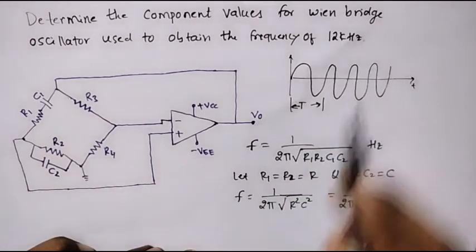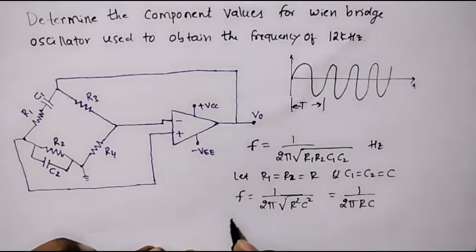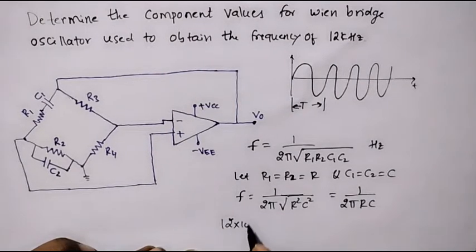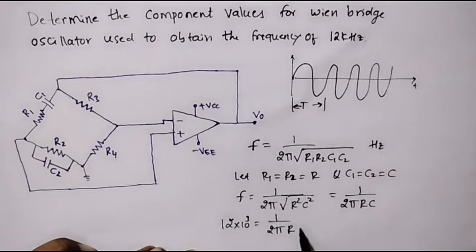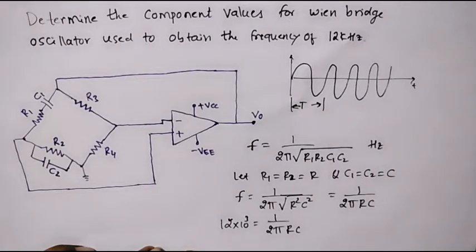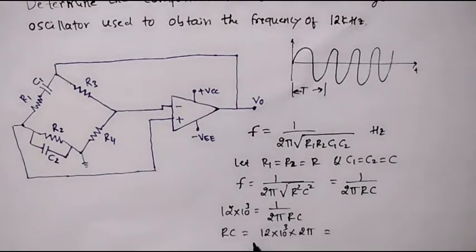Now given the frequency, that is 12 kHz, I can write 12 into 10 raised to 3 is equal to 1 over 2 pi RC. Therefore RC is equal to the inverse of 12 into 10 raised to 3 into 2 pi.